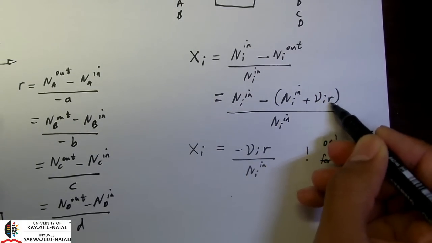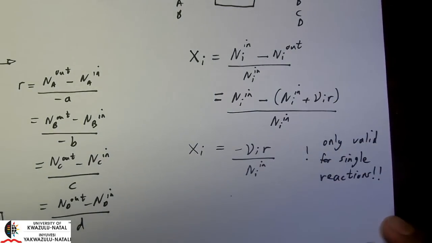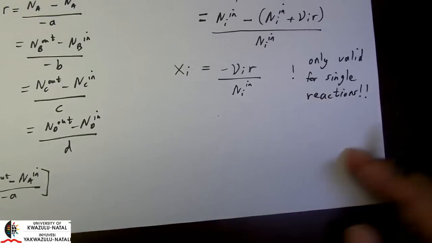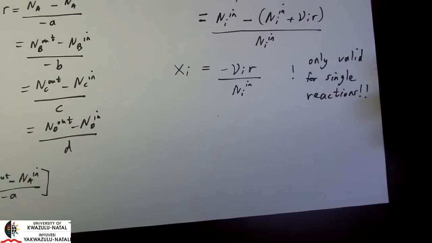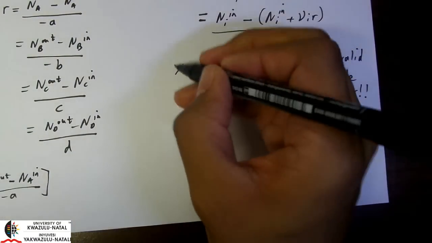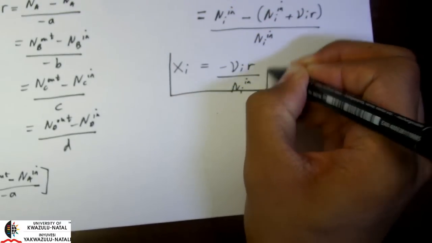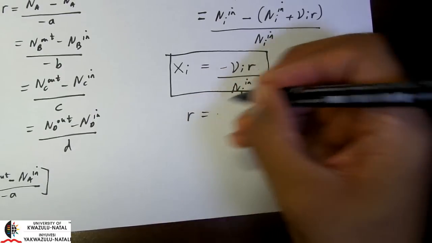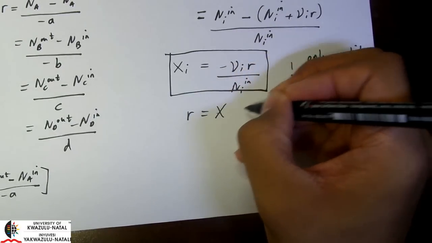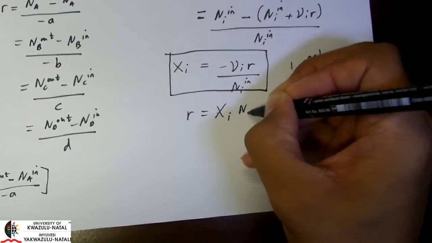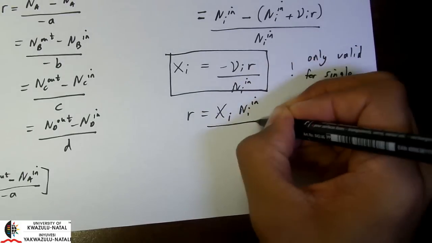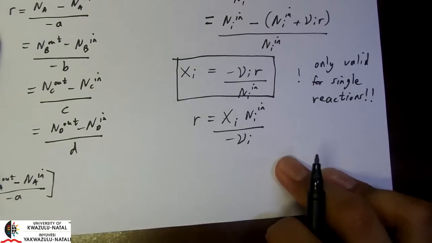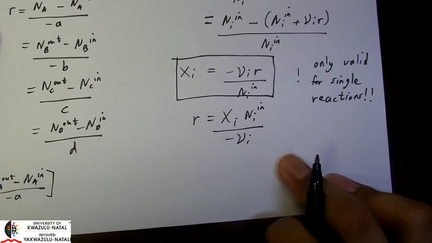We have more than one overall reaction rate. So please don't make that mistake. But for now we are looking at single reactions, so we can use this particular expression. We could write it the other way in terms of R: it's Xi times Ni in over the negative of the stoichiometric coefficient.